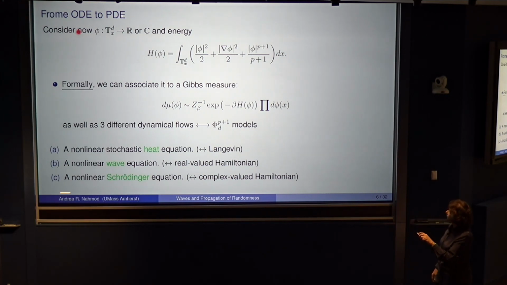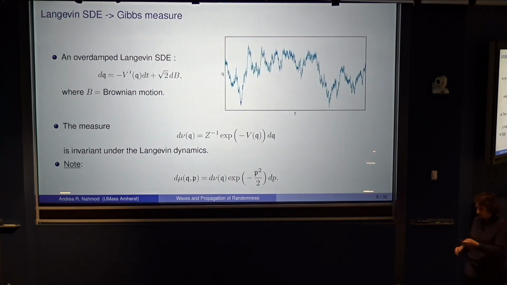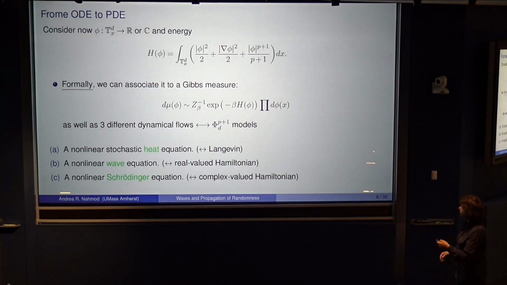Your energy is going to be defined by the integral over the torus of phi squared over 2, plus gradient of phi squared over 2, plus, and now instead of taking power 4, instead of taking four-wave interactions, I'm going to take p plus 1 wave interactions. So p plus 1 is always even here, and this is more general. In the previous examples, p plus 1 was 4, p was 3.